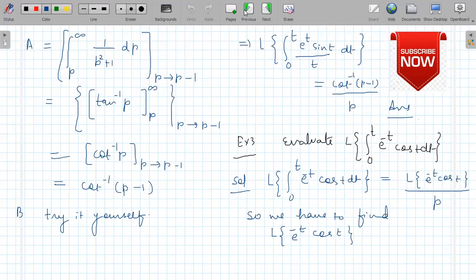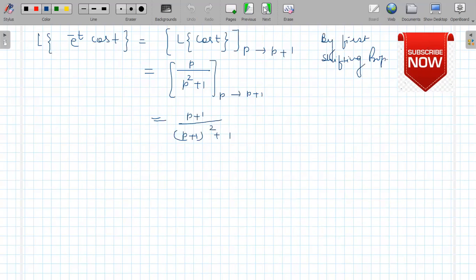So the Laplace of the integral from 0 to t of e to the power minus t cos t dt will be equal to p plus 1 whole divided by p into (p square plus 2p plus 2).